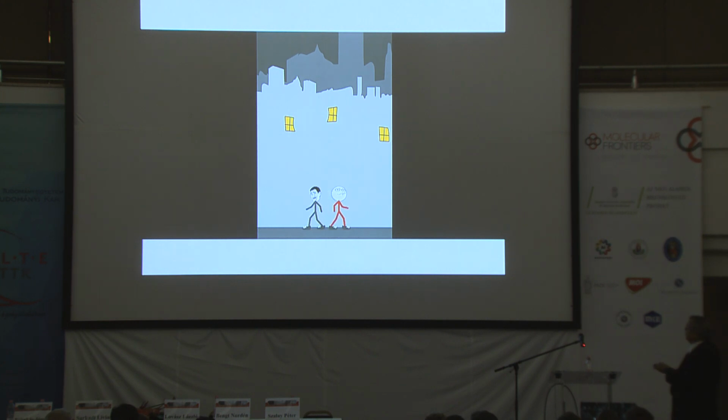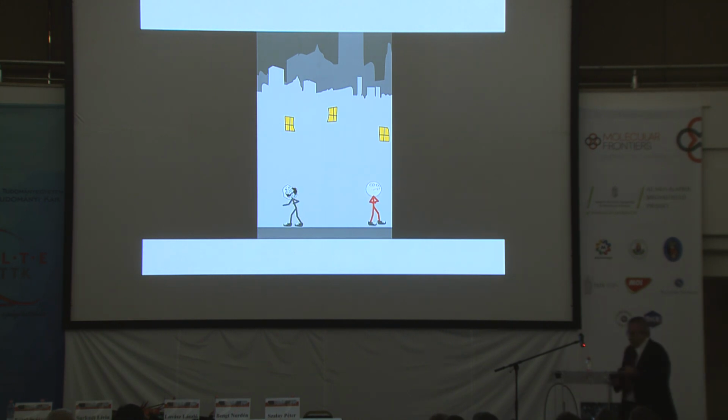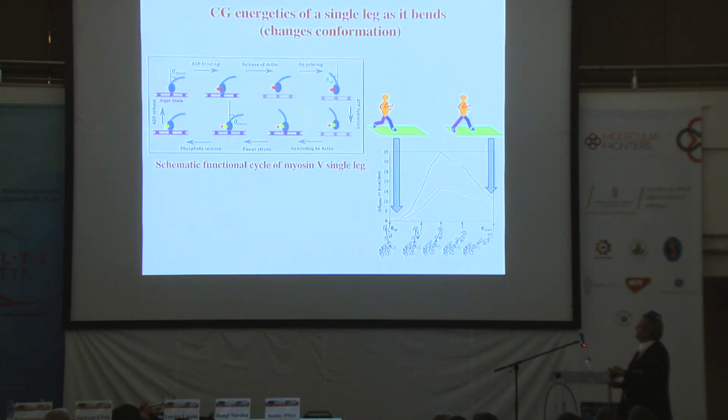This is what happens when you usually walk: the same way in both directions. But in myosin, it's like one of them has a problem walking, so it walks in one direction, and it's a very fundamental question why this is so.